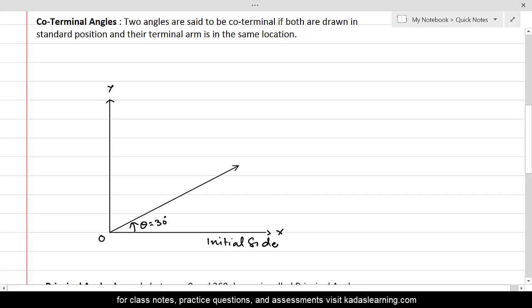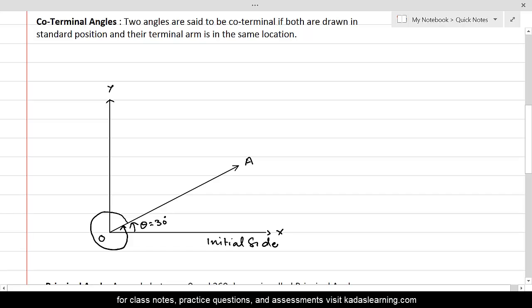So this is an angle drawn in standard position. But imagine if we were to take a full round, and then come back to this same position where this terminal ray OA is. Now what will be the angle?